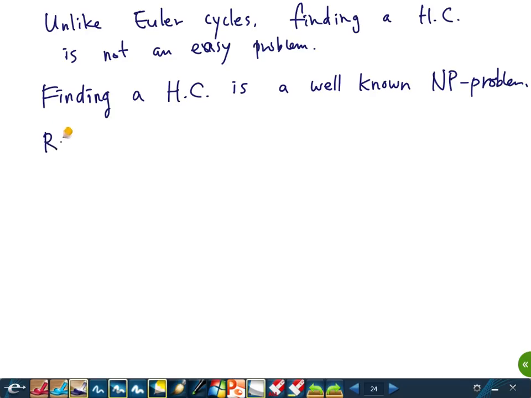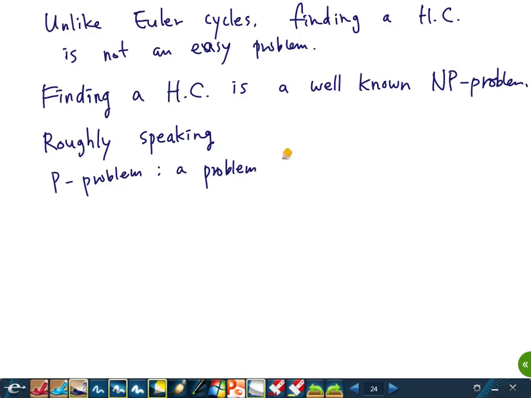Roughly speaking, I'm not going to give you the precise definition, but roughly you can understand this. What is a P problem? The P means polynomial time. A P problem is a problem that can be solved in polynomial time.